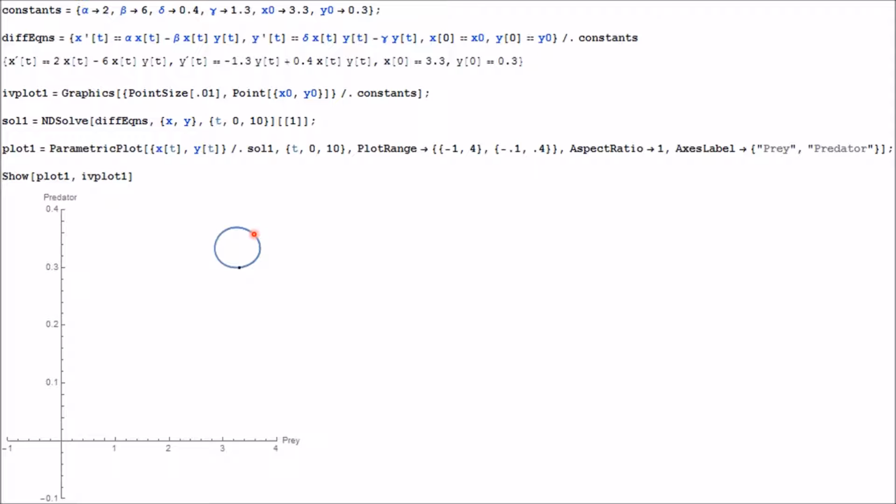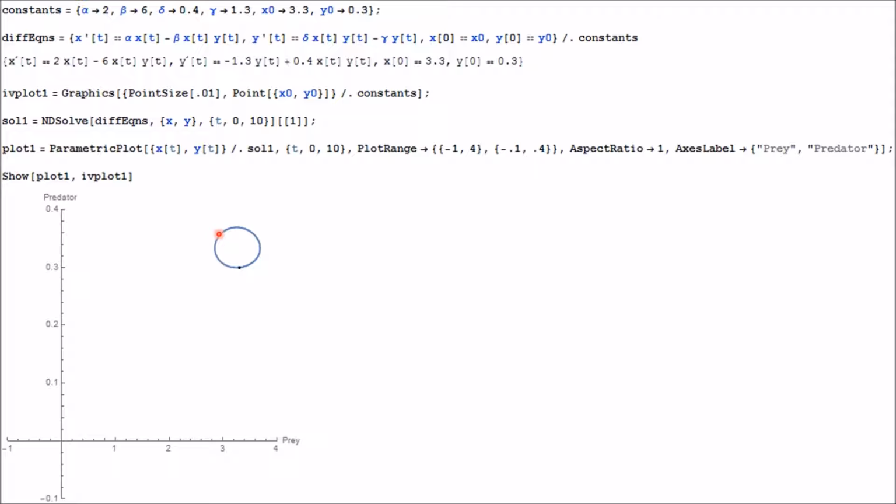But then when the predator population increases enough, the prey are quite unhappy because they're getting eaten more. And they die more. Things usually die when they get eaten, and so their population decreases. So now there are less prey. But then when there are less prey, the predators have less to eat.